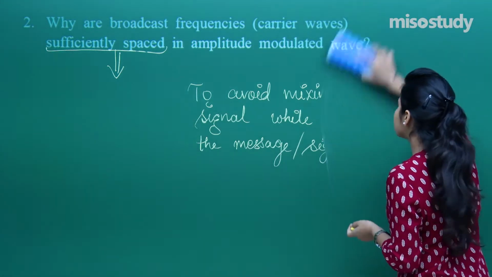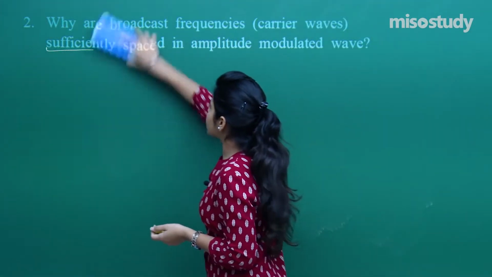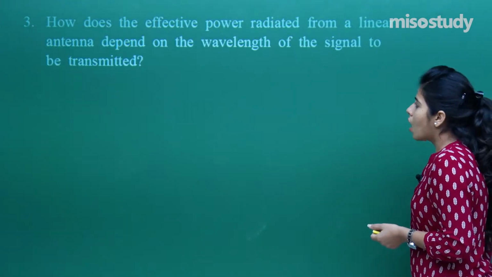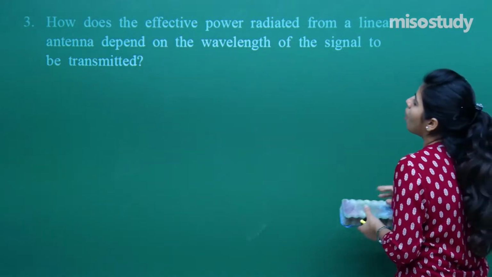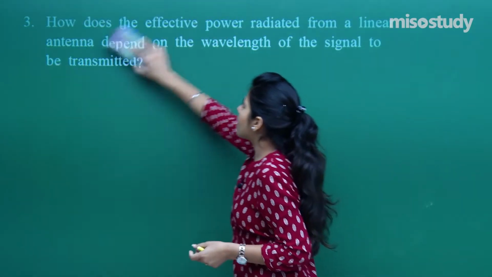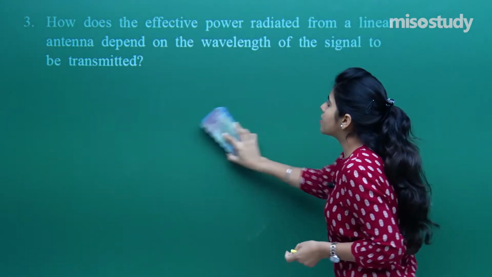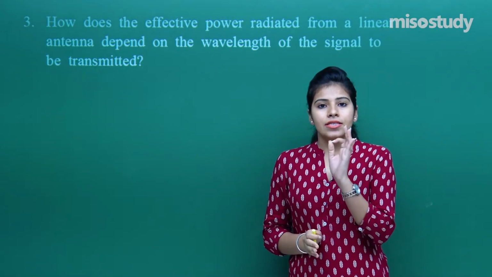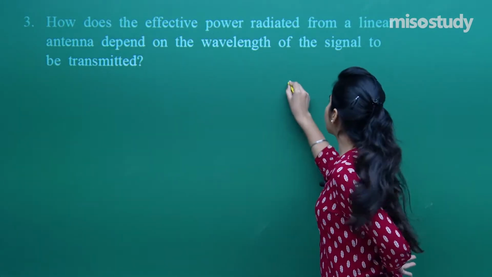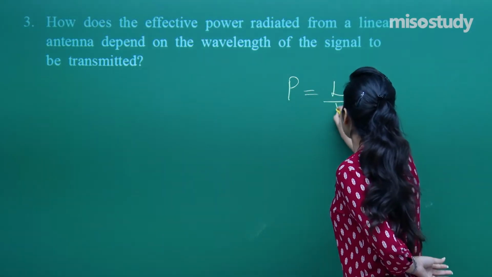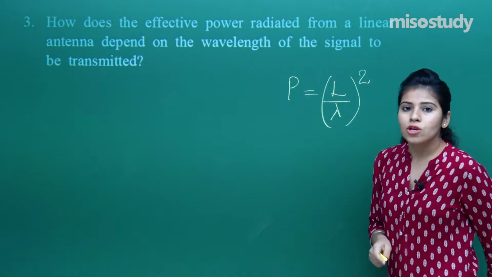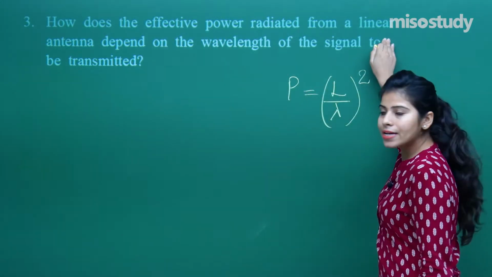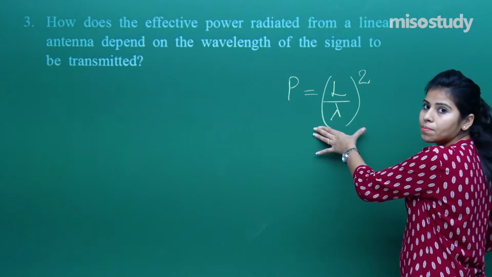So now move to the third question. How does the effective power radiated from an antenna depend upon the wavelength of the signal to be transmitted? I remember I told you very clearly that the formula of the power radiated is l upon lambda whole square. So if this is the formula, you can directly say the effective power radiated from a linear antenna depends on the wavelength by this relation.